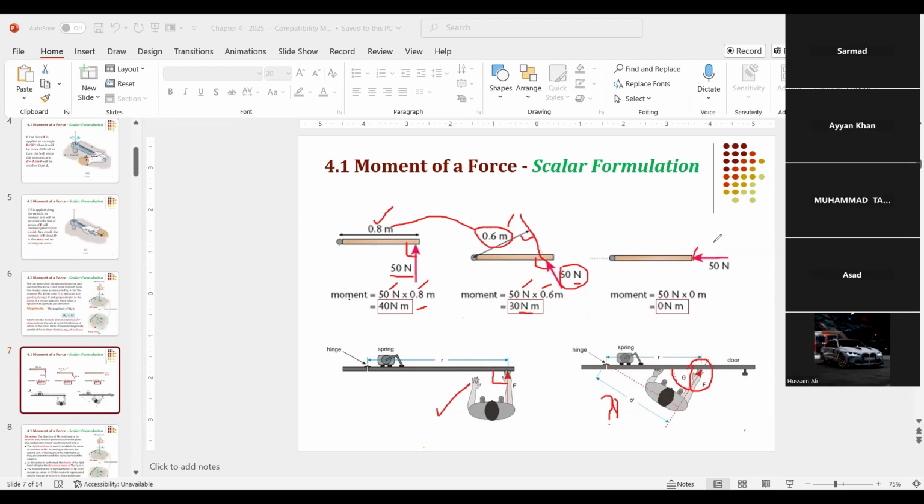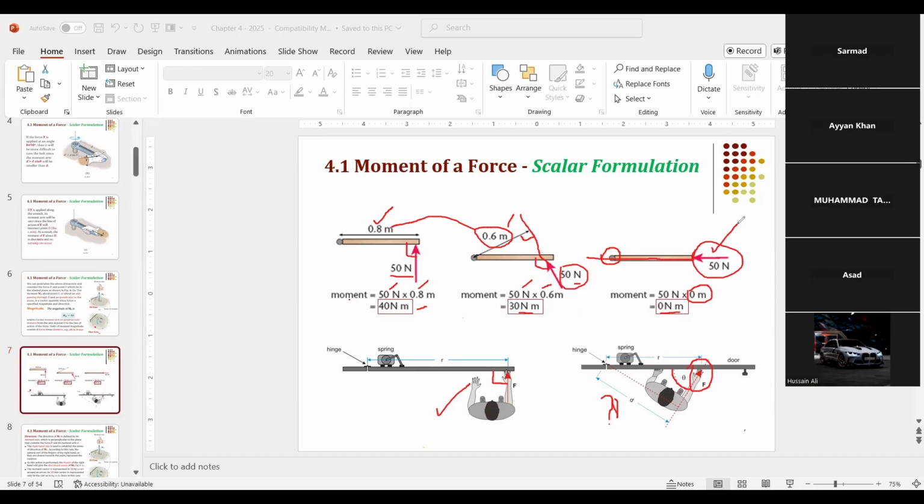Similarly, if you apply the 50 Newton force such that the line of action of the force passes through the hinge of the door, about which the rotation has to be created, then the moment arm is 0, and the moment produced will be 0. Any person can imagine, if you start pushing the door like this, the door is not going to open.